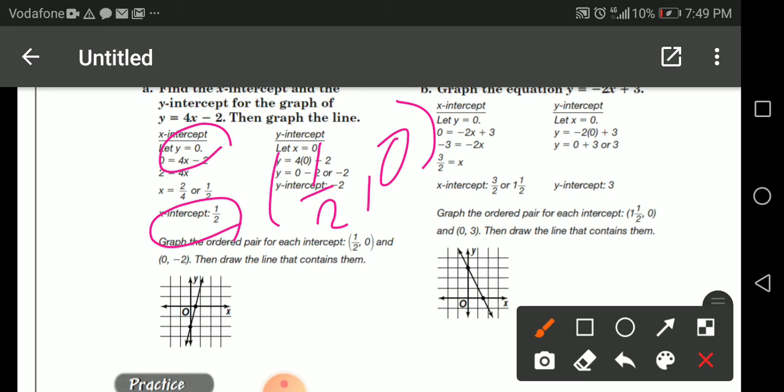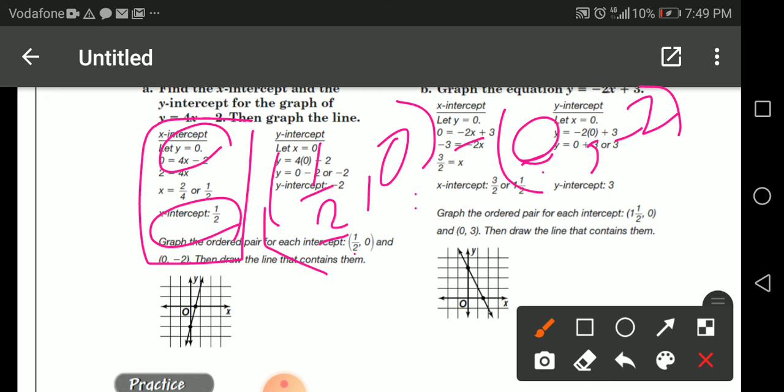Don't forget to do it like this. And the other point is negative 2 for y, and here the x was 0. So half and 0 for this part, and this part is 0 and negative 2.